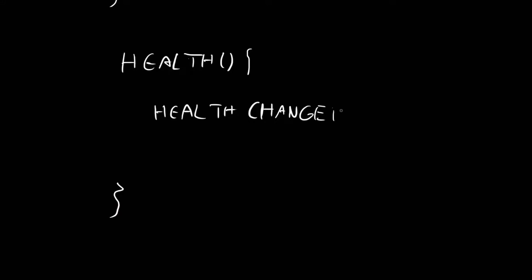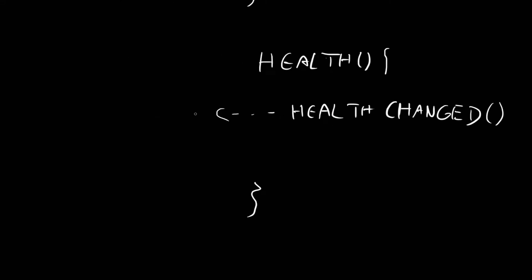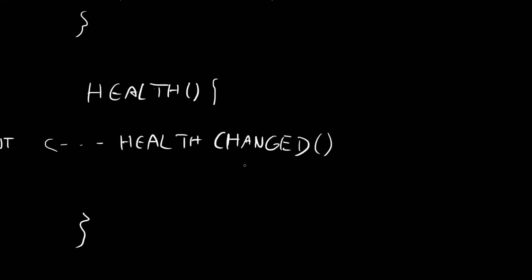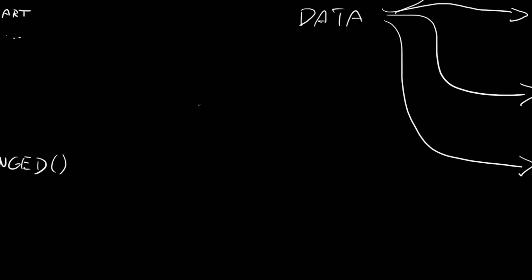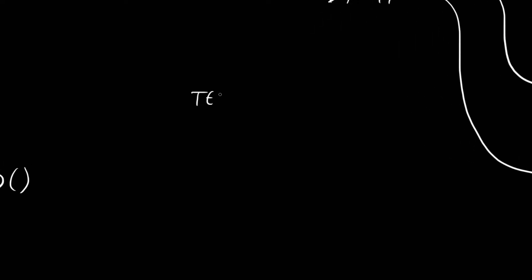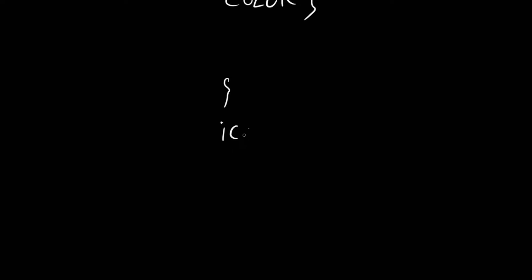We have some kind of health changed event, so I'm going to write here, this is an event. And now what we have is a text component, a color component, and an icon component.